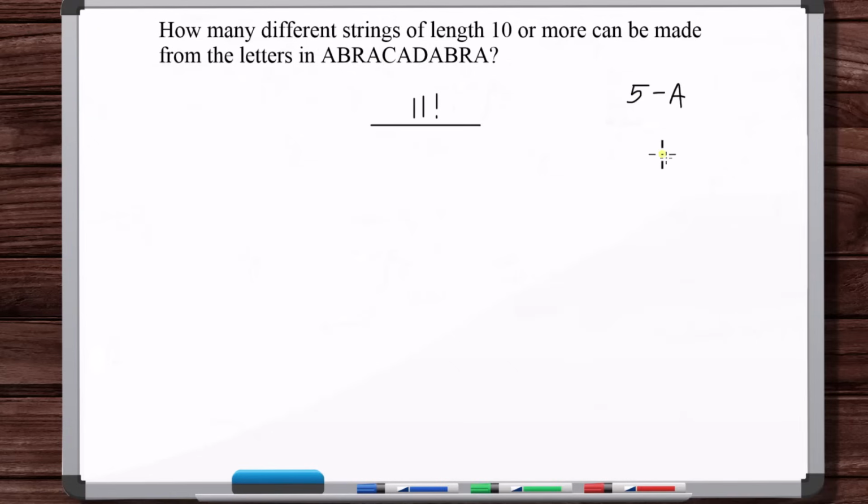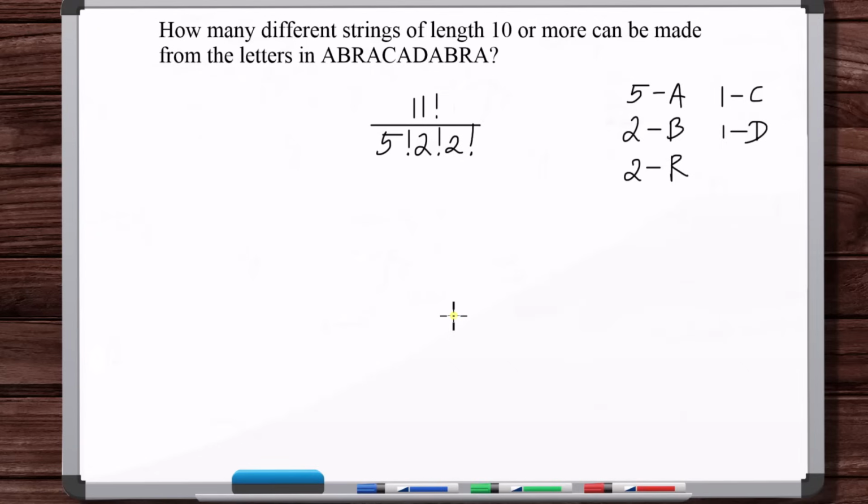We've got 2 B's, 2 R's, and a C and a D. So 5, 6, 7, 8, 9, 10, 11. So, okay, we can divide this by, and there we go. There's the total 11 character strings we could make from abracadabra.